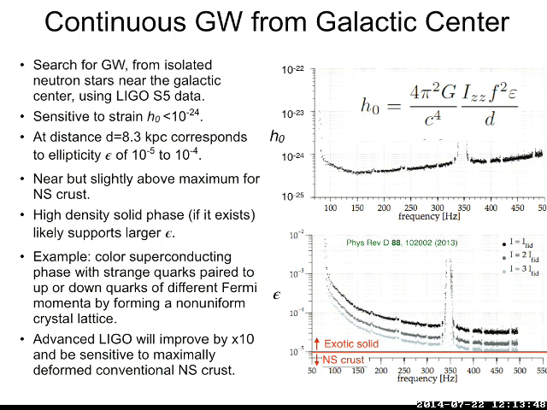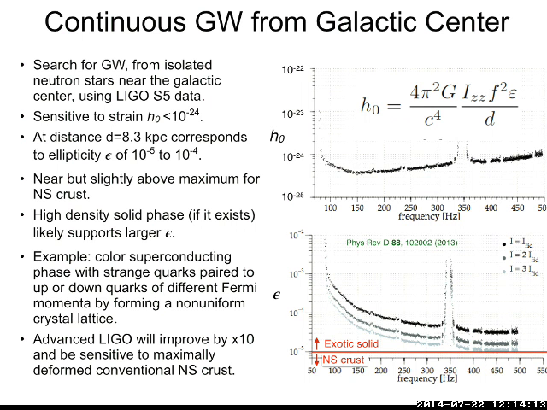Okay, so this search used data from the LIGO 5th science run. They didn't find anything, and the excluded region is above these points. Strain as a function of frequency is about 10 to the minus 24.